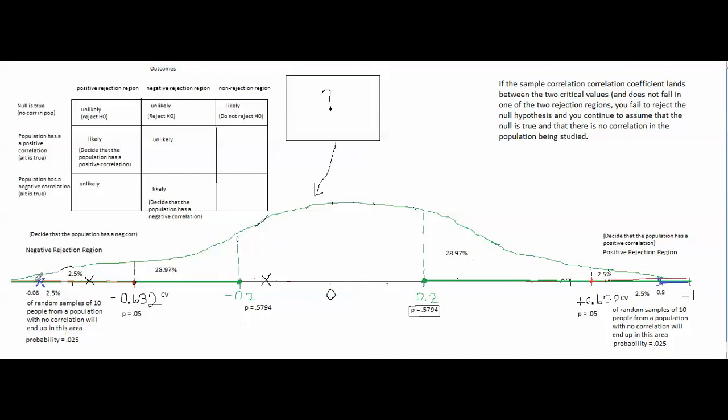And this area out here going out from negative 0.8, sorry, I didn't mean to say 0.08, negative 0.8, this also only has a 0.0027 chance of being reached when the null is true.